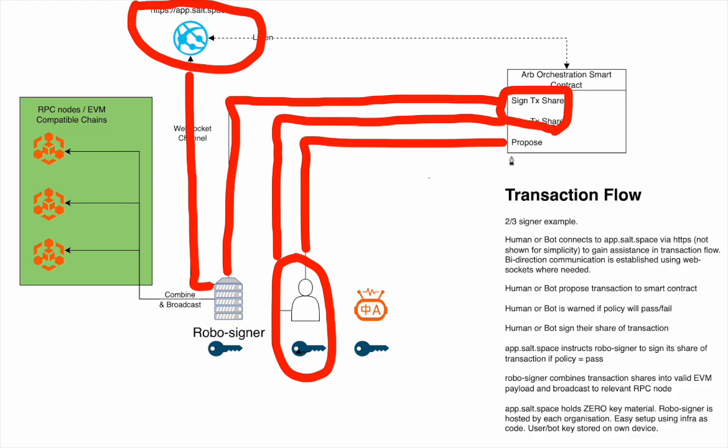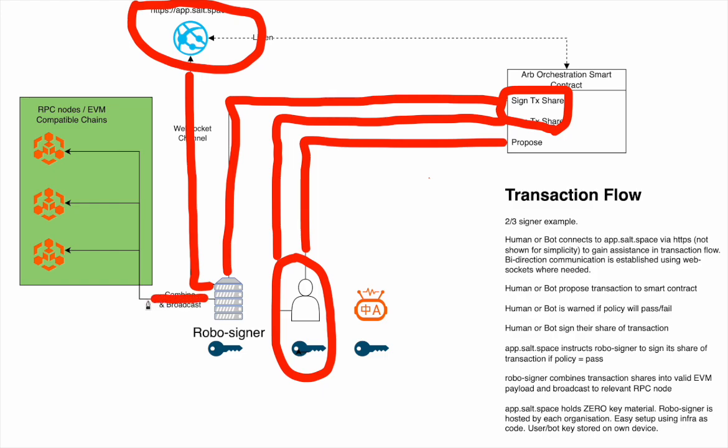So now the last step to do is that, because app.salt.space is listening on the smart contract, it is now going to tell the robo-signer, and you can see down here using the WebSocket channel, it's going to tell the robo-signer it's time to combine and broadcast that transaction.